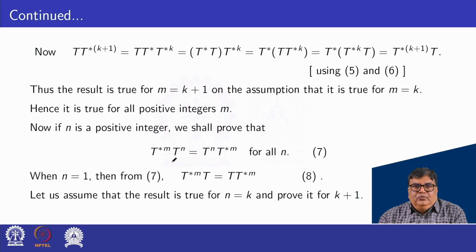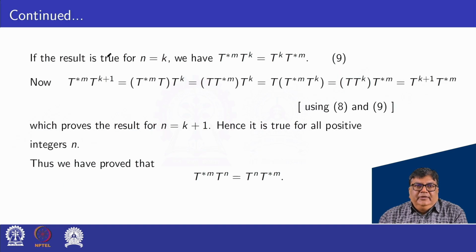When n is equal to 1, then T*^m into T is equal to T into T*^m. Let us assume that the result is true for n equal to k and prove it for k+1. If the result is true for n equal to k, we have T*^m T^k is equal to T^k T*^m.